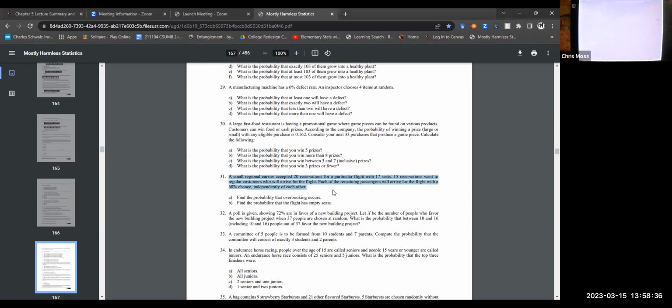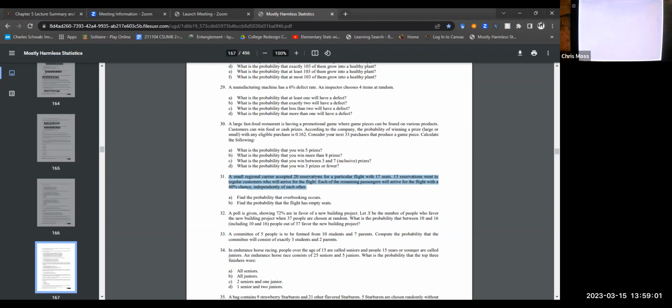A small regional carrier accepts 20 reservations for a particular flight with 17 seats. There are 15 reservations that went to regular customers who they know will arrive for the flight. So 15 out of those 17 seats on the plane are already spoken for.